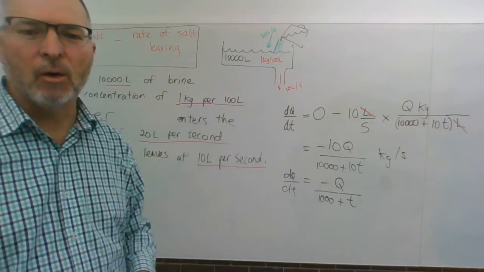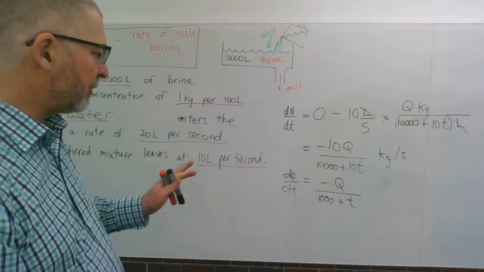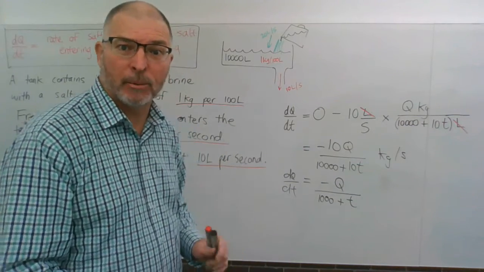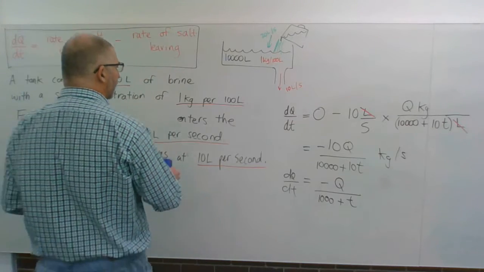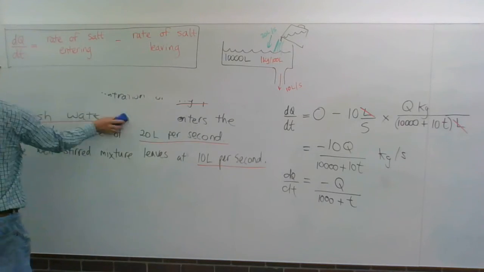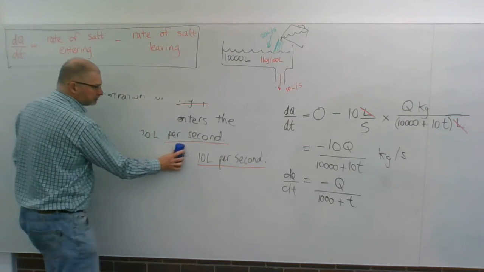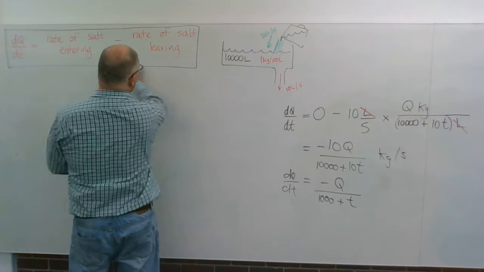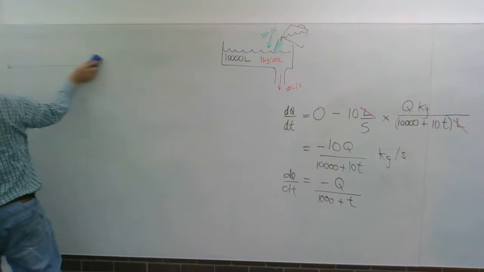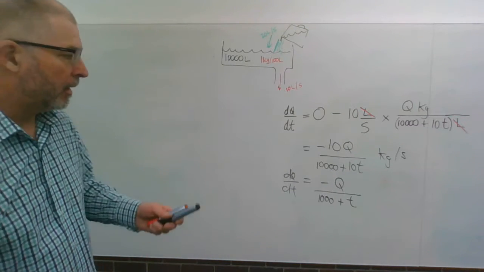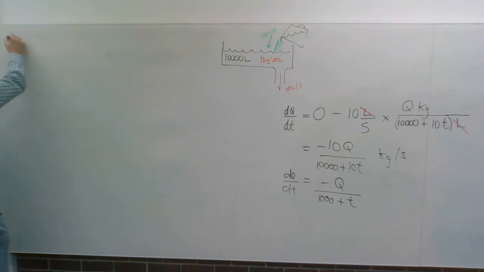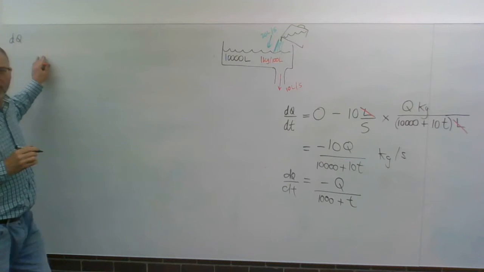Now, we can solve that, dQ/dt equals that, because we are able to separate the variables in this one, because it was only fresh water that was entering the container. So we'll solve that now. dQ, am I visible there?